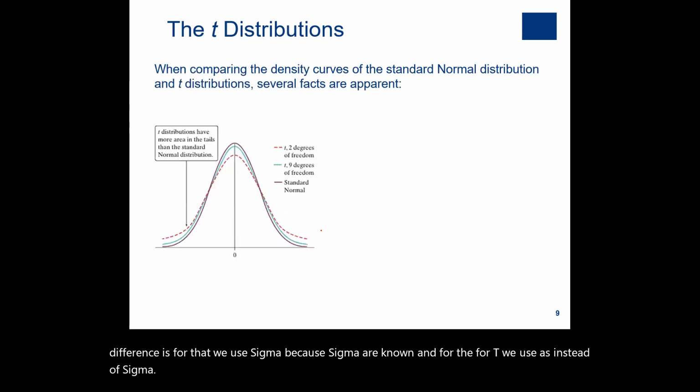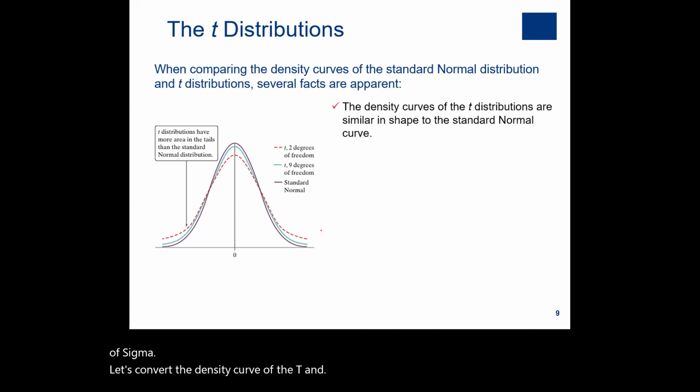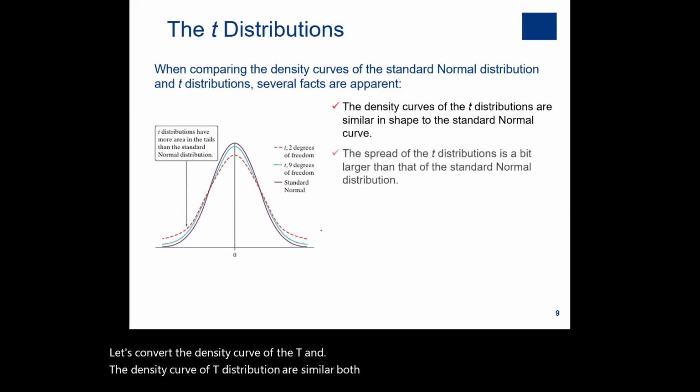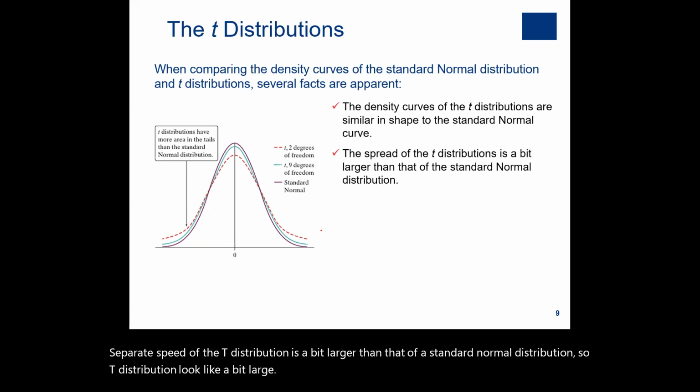Let's compare the density curves of the t and the standard normal distributions. They are similar. Both have a bell shape. The spread of the t distribution is a bit larger than that of the standard normal distribution.